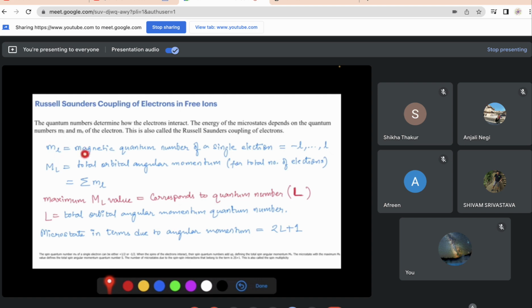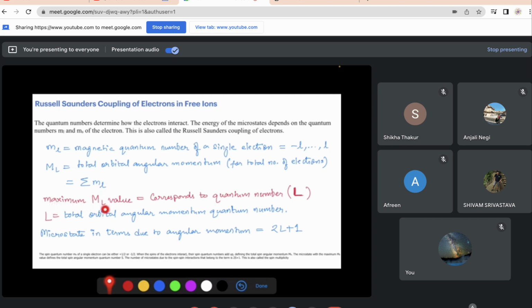So ml is the magnetic quantum number of a single electron, and it goes from minus L to plus L. And capital ML is the total orbital angular momentum for the total number of electrons. We can calculate it as the sum of the magnetic quantum numbers of the single electrons.